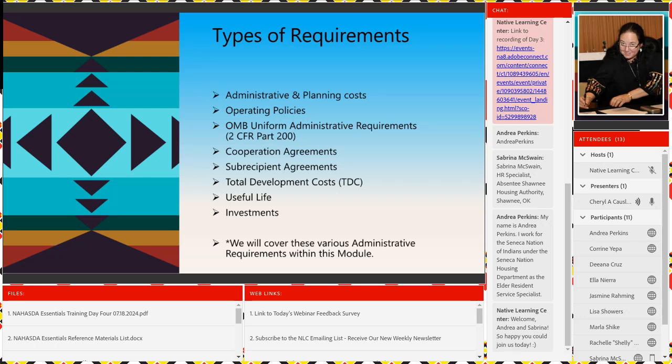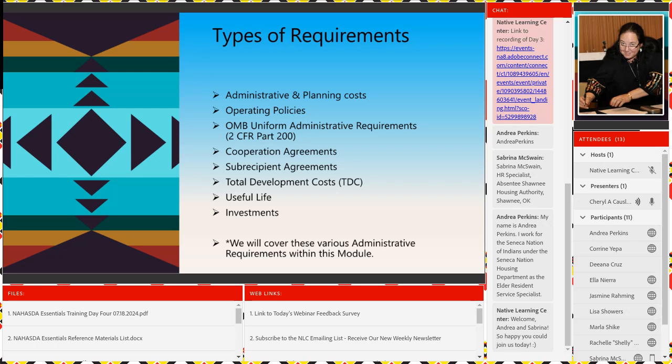But like I said, those other documents, the regs, the statute, those are written specifically for Indian housing. The uniform administrative requirements are not. So they're a little bit harder for us to go through and find out what applies to us. We have to have cooperation agreements in place, subrecipient agreements if you have them.